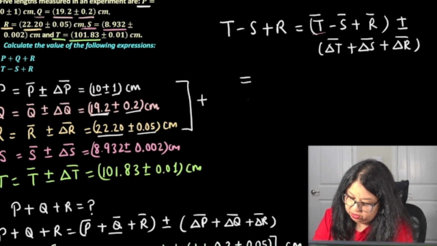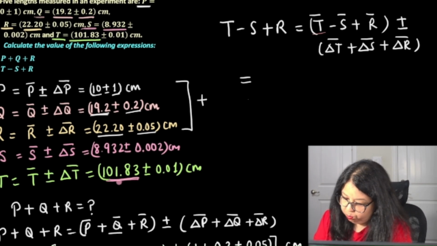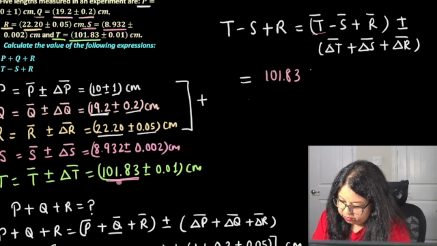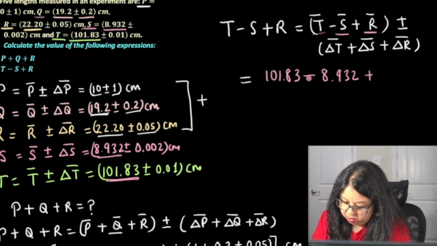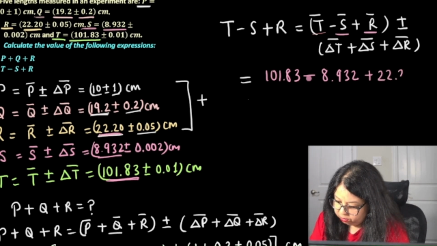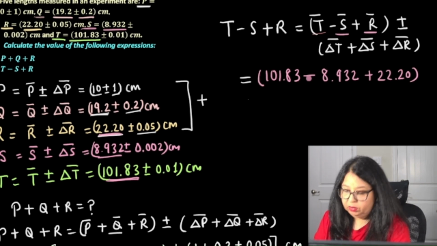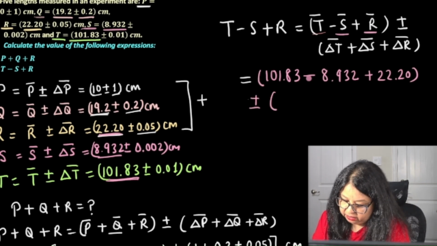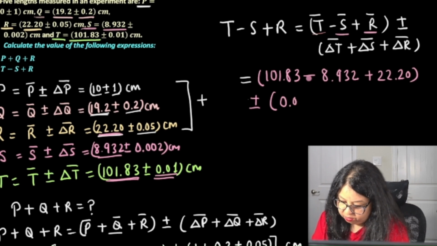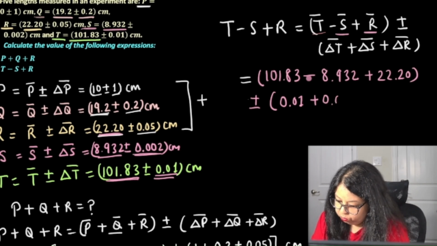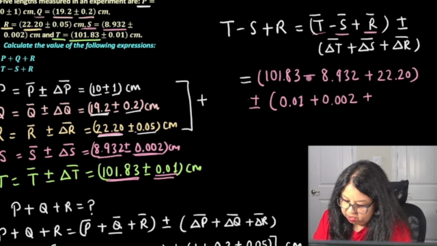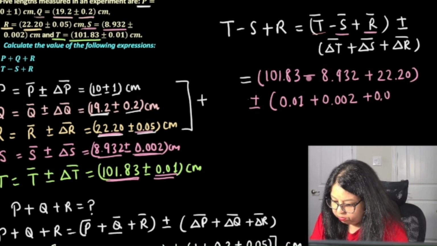T bar is 101.83, then minus S bar, 8.932, plus R bar, 22.20, plus minus delta T bar 0.01 plus delta S bar 0.002 plus delta R bar 0.05.